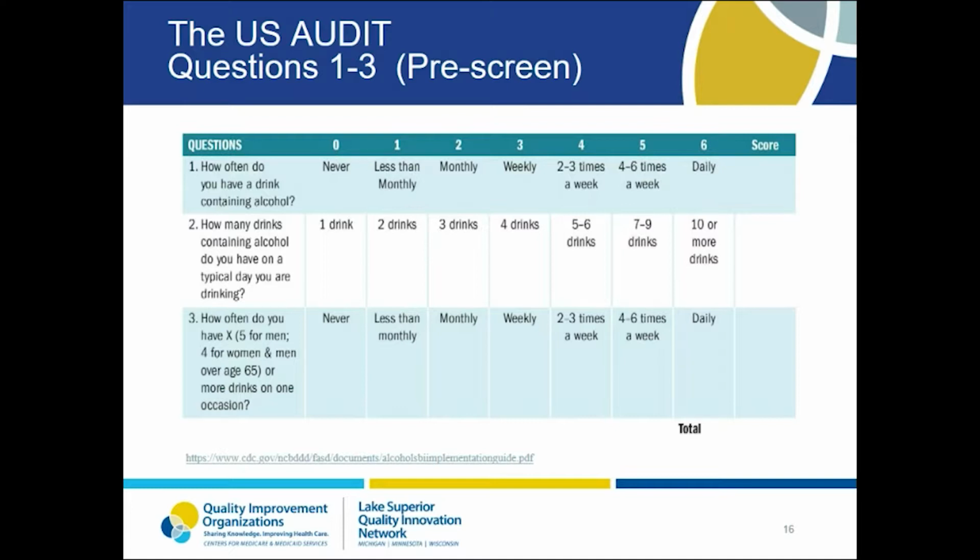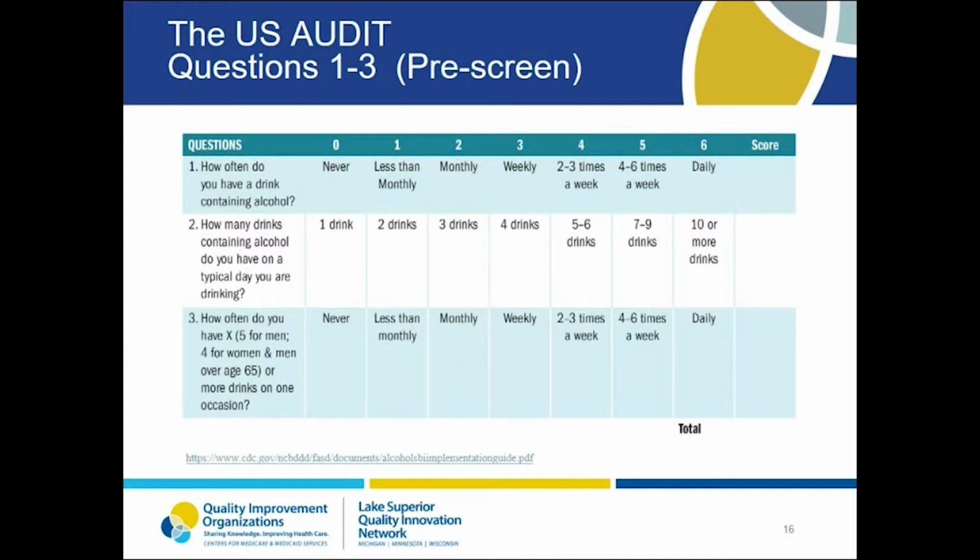A score of 4 is considered positive on the AUDIT-C, and for the US AUDIT 1 through 3, a score of 8 is considered positive for men under 65 years of age, while a score of 7 is considered positive for women and all adults over 65 years of age.